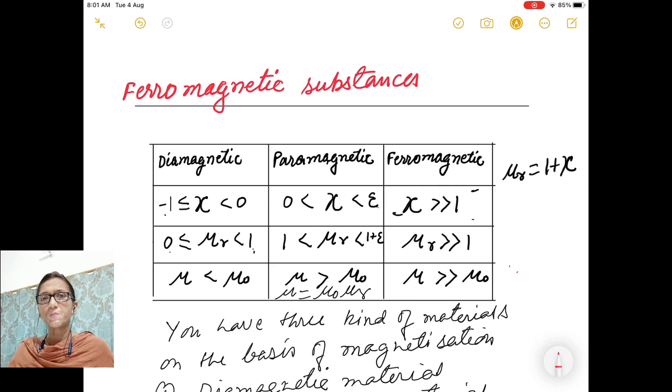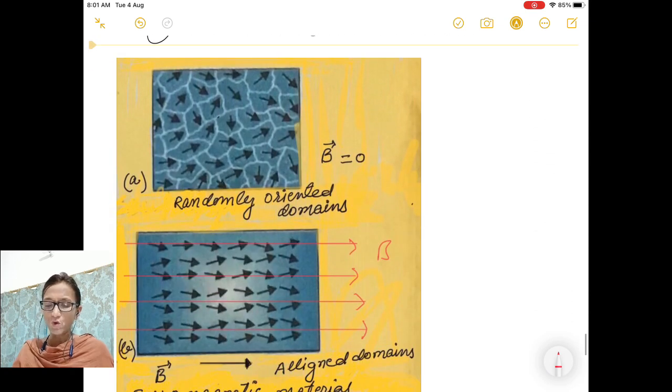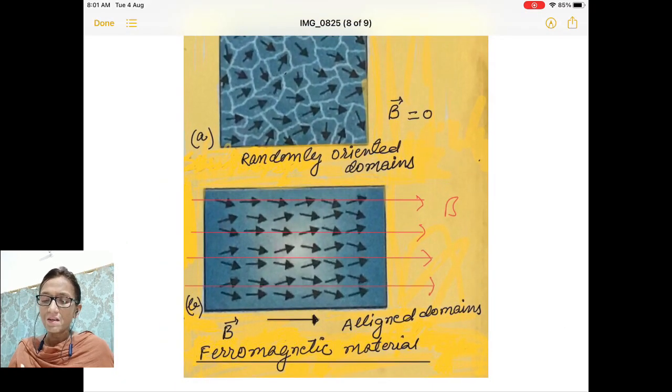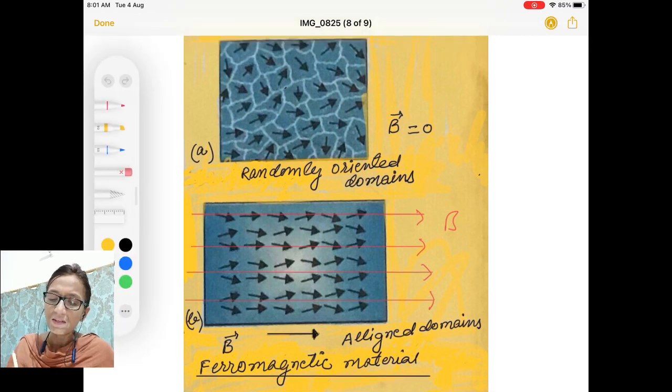Ferromagnetic materials have very high susceptibility, greater than 1000. I am showing you some ferromagnetic materials. Here you can see large size volumes which have magnetization in one direction.